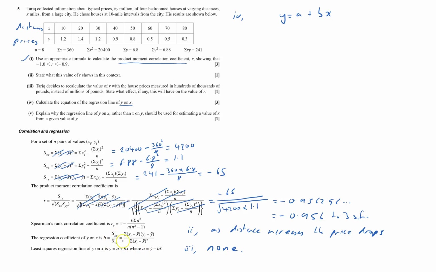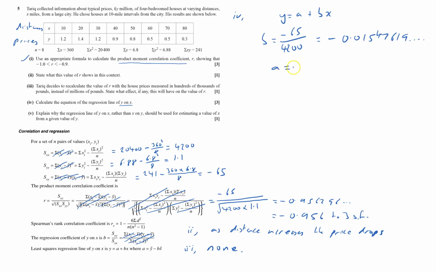So for B, I've got the formulas here. I don't want that one, so I'll get rid of that one. I want SXY over SXX. So B equals minus 65 over 4,200, which equals minus 0.0154761.9, and it goes on like that.